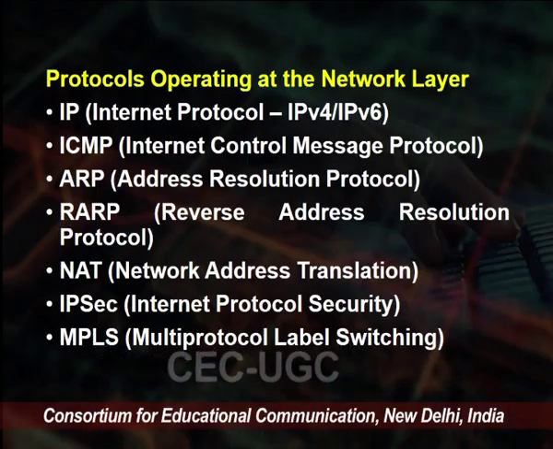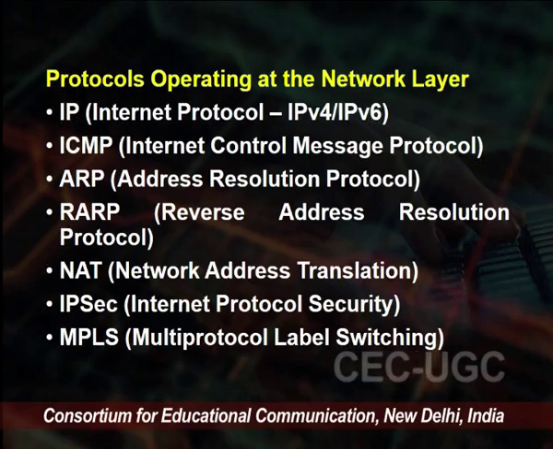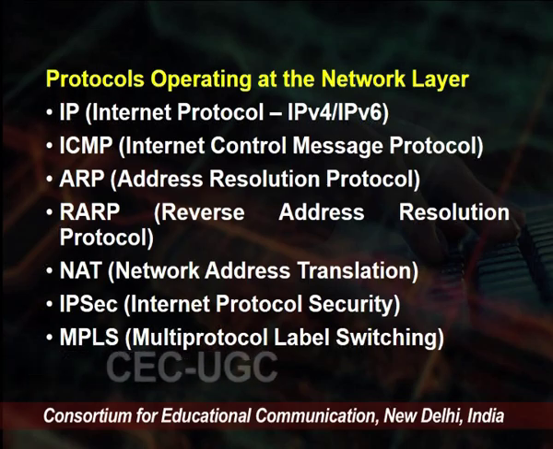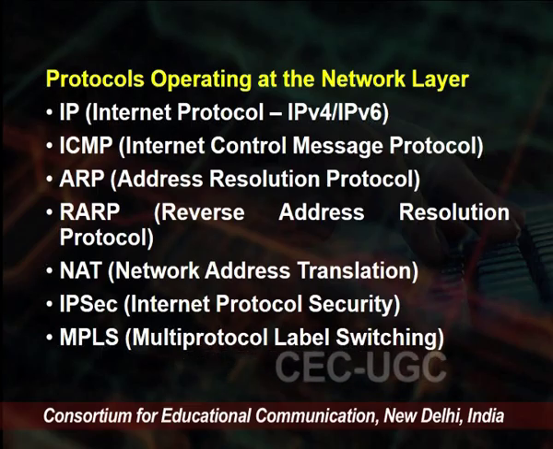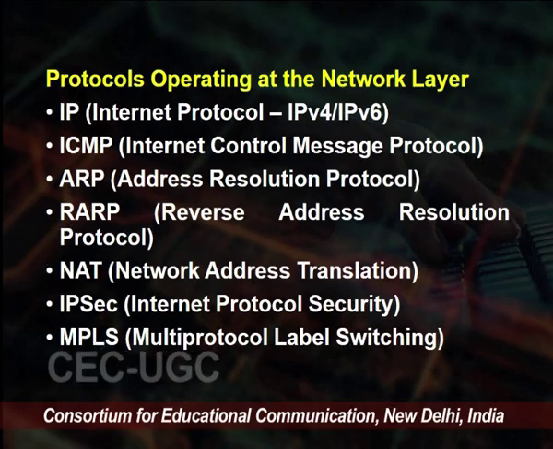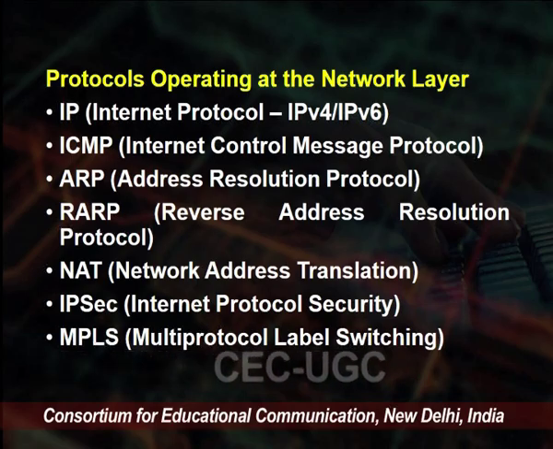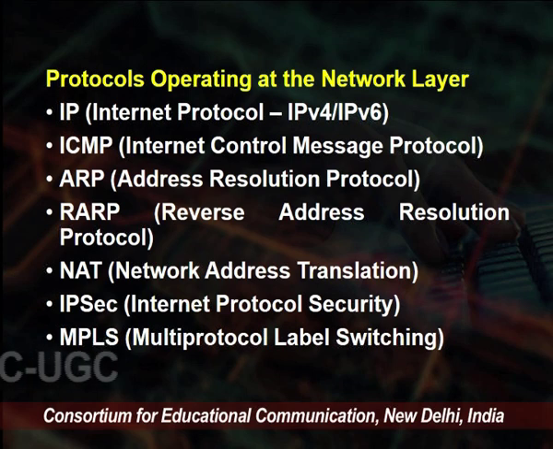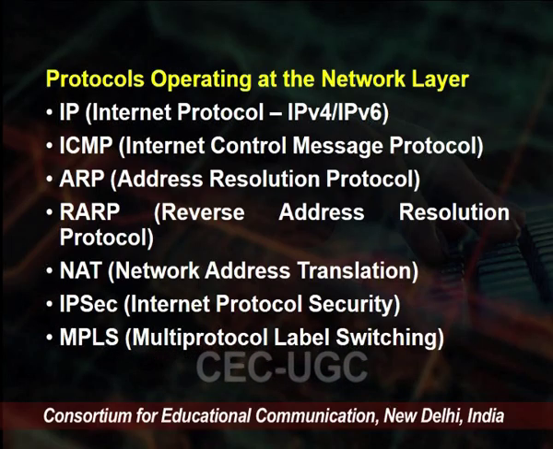So, this says IP, which is internet protocol, could be IPv4, IPv6 depending upon the older and the newer version. Then ICMP I just mentioned, which is internet control message protocol, and address resolution protocol, because addressing is the mechanism which is adopted here. So, obviously ARP is required. Then corresponding to address resolution, reverse address resolution is also required, and hence the protocol RARP, which is reverse address resolution protocol.